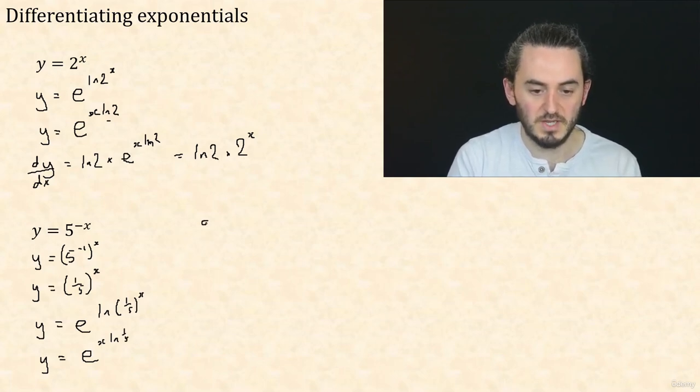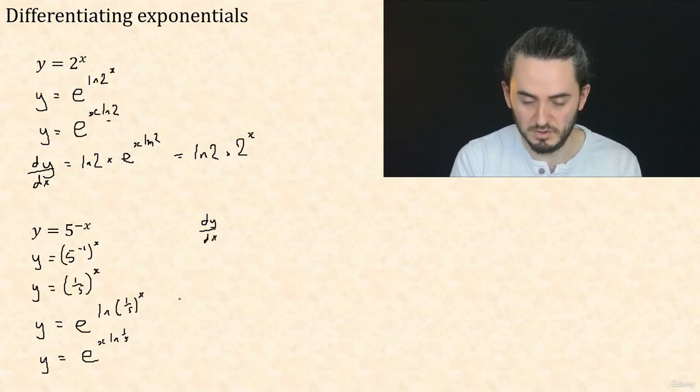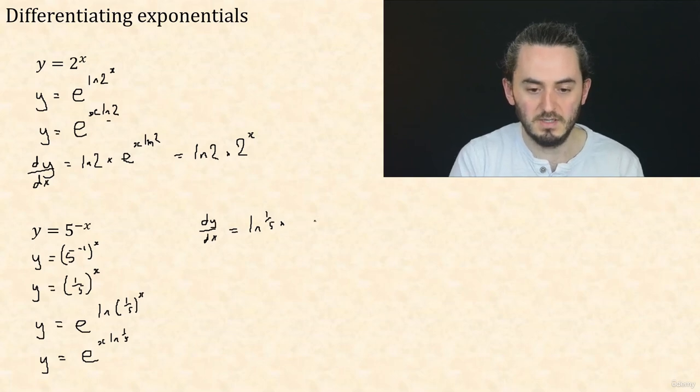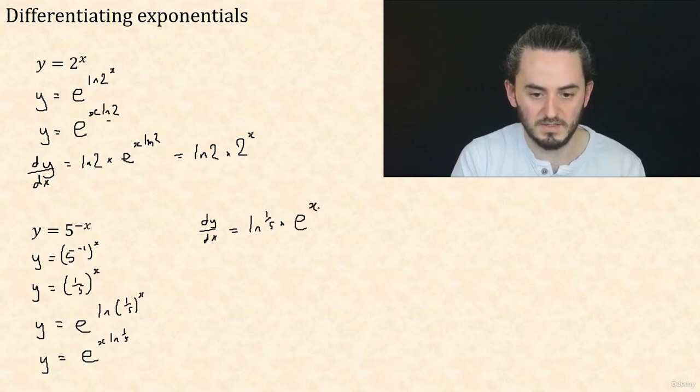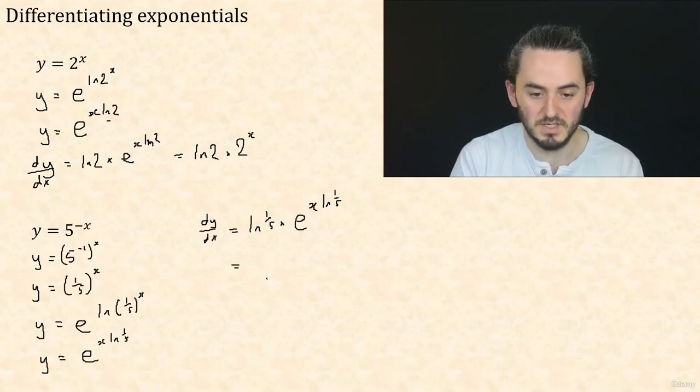Now, I can differentiate that because this is just in the form e to the something times x. That something is ln 1/5, which you could work out on your calculator if you wanted. So what I have is ln of 1/5 multiplied by e to the x times ln of 1/5. But what was e to the x ln 1/5? Well, it was a fancy way of writing 5 to the minus x.